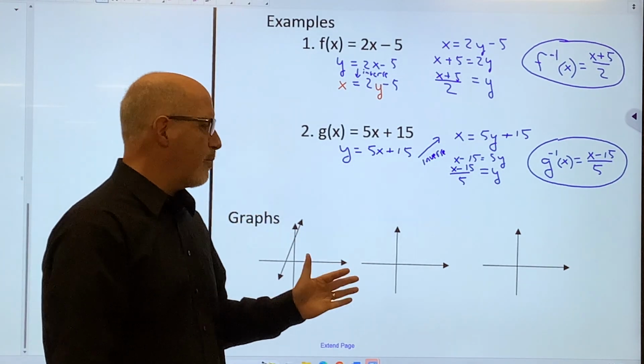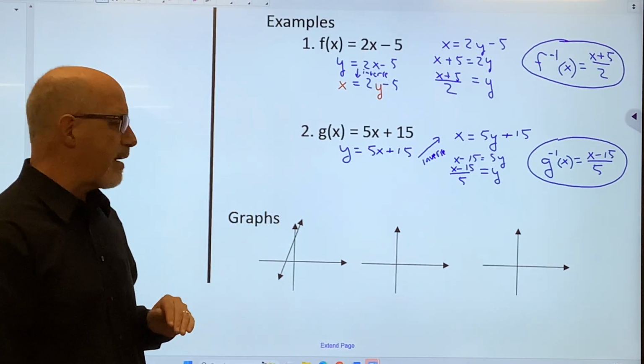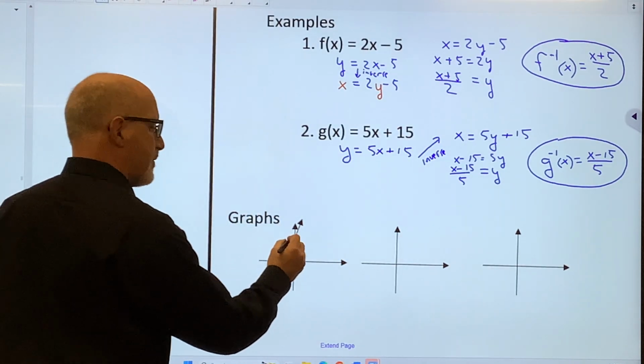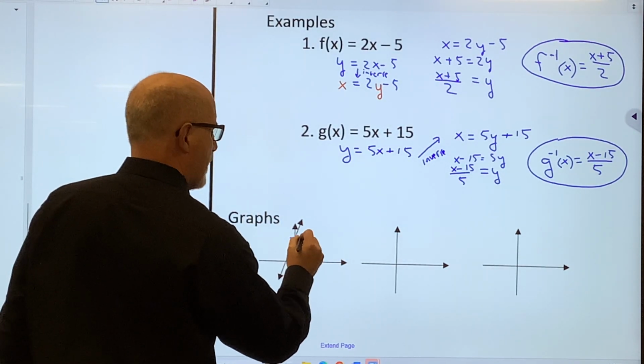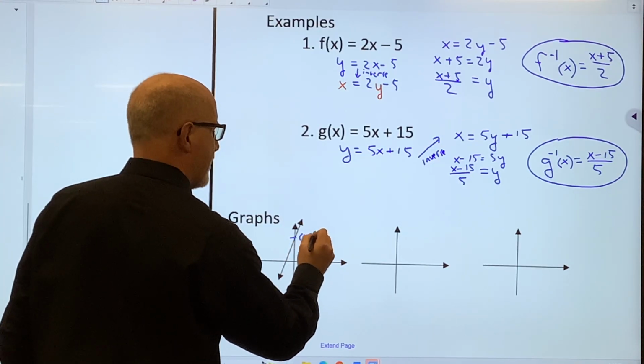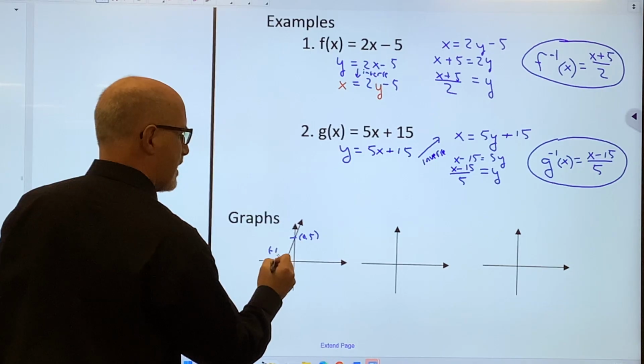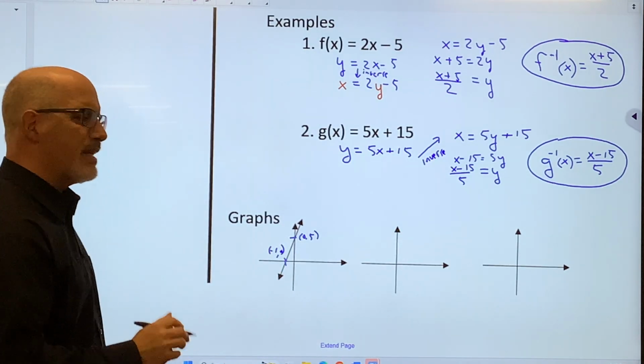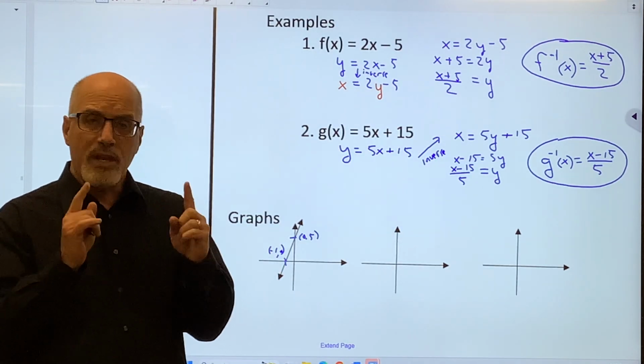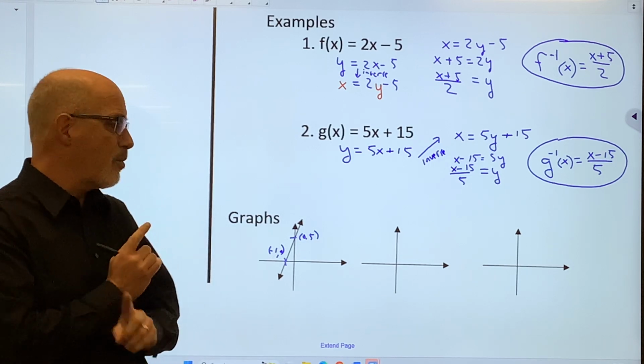Now just some more insight into what this looks like graphically. If I've got a graph of something, and let's say this point is (0, 5), and this point here is (-1, 0), and I want to do the inverse of it, remember all you have to do is swap the x's and the y's.